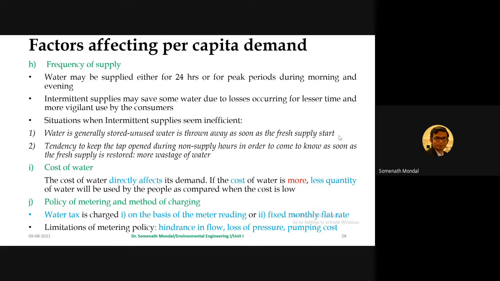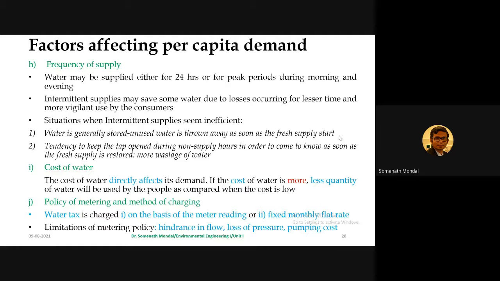In an intermittent supply system, water is generally stored by the consumers in tanks, even larger drums and utensils for non-supply periods. And once the next supply time comes, if that water is not utilized, people would simply throw that water and then fill it with fresh water. So this is the way a huge amount of water can go in wastage, and that should be considered as wastage or losses while running the intermittent supply system.